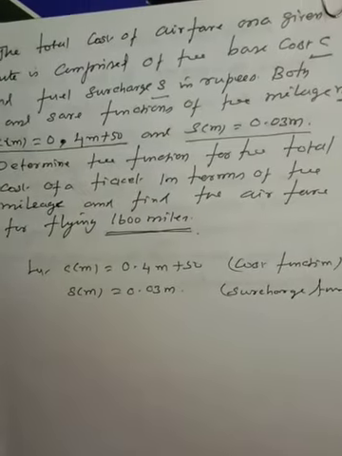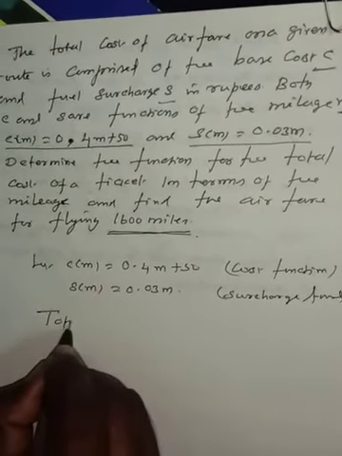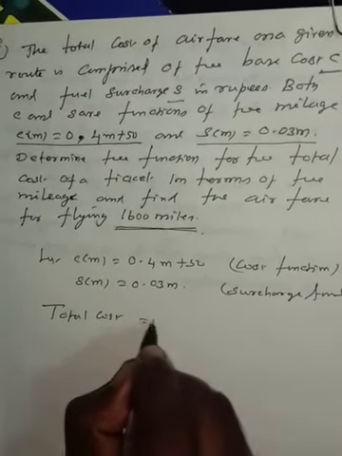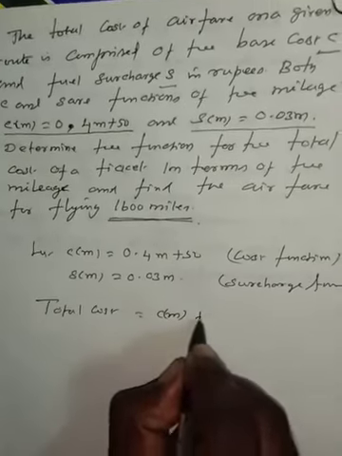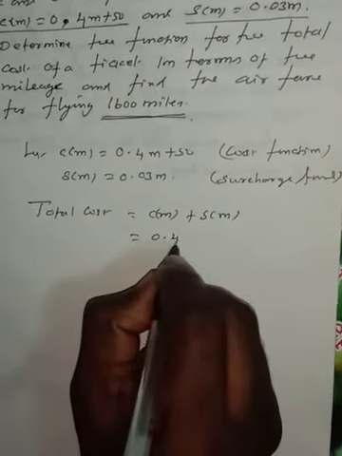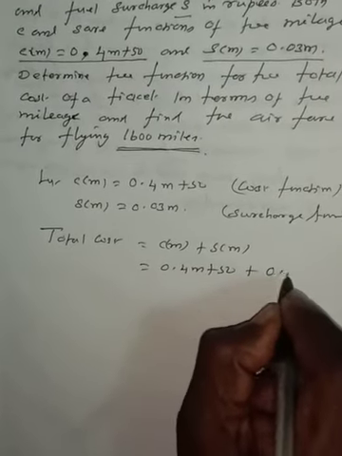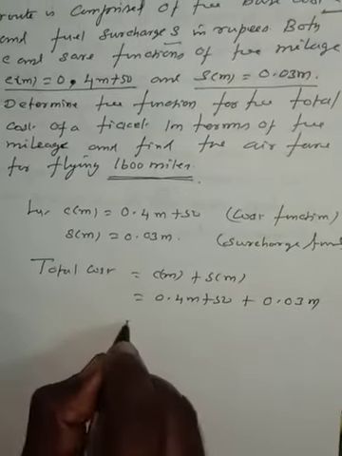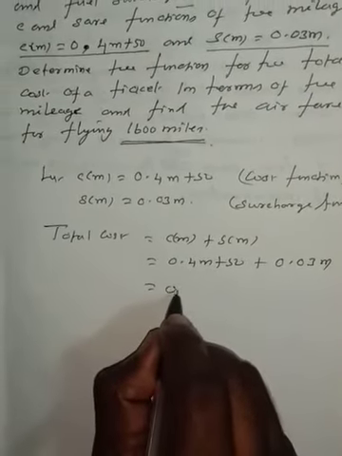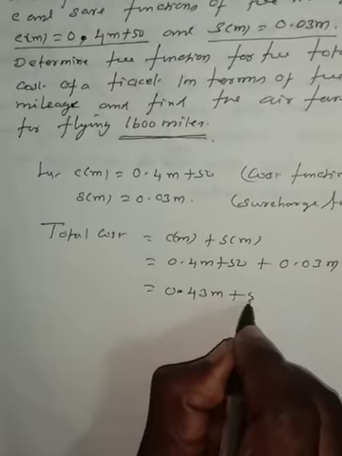Now total cost is equal to C of M plus S of M is equal to 0.4 M plus 50 plus 0.03 M is equal to 0.43 M plus 50.